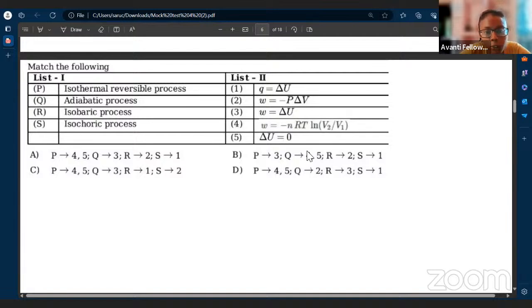More than one option could also be right for the same process. So which would be the answer? Put your answer in the chat box. I'll wait for a second. Evaluate and put the answer in the chat box.